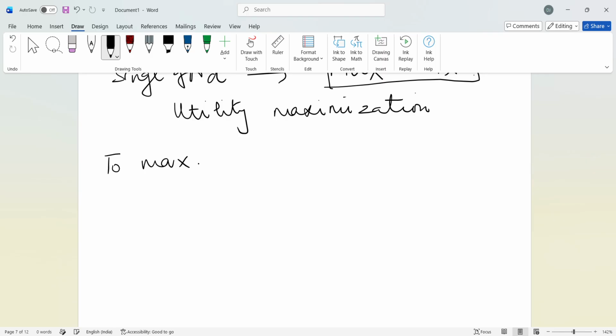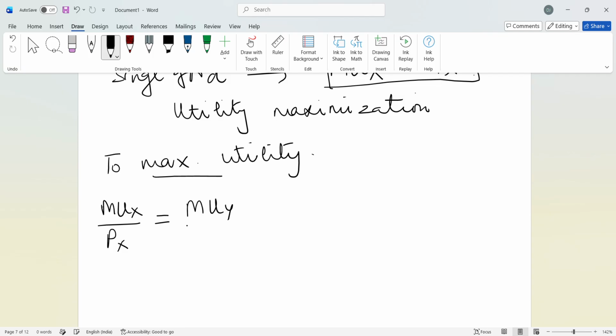To maximize our utility, the marginal utility per dollar from good X should be equal to the marginal utility you derive per dollar from good Y, and so on for n number of goods, and this should be equal to a constant.